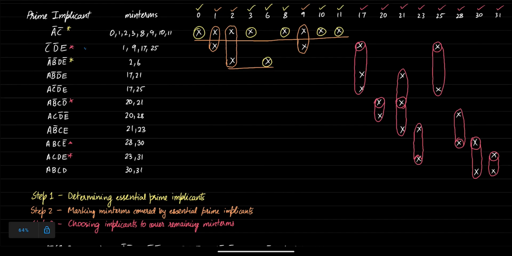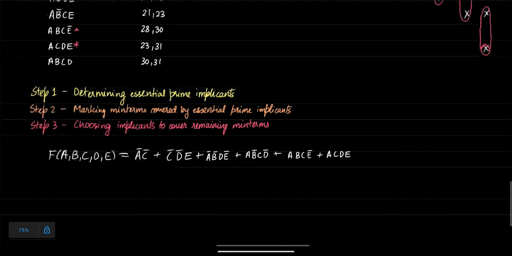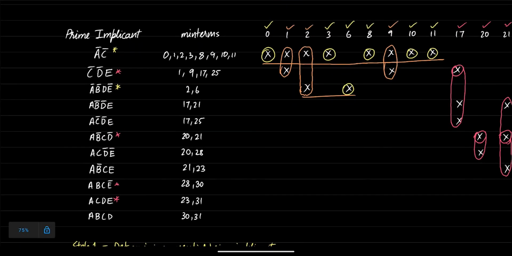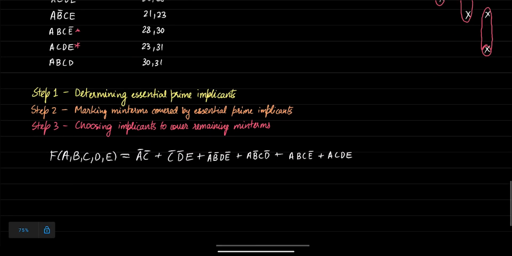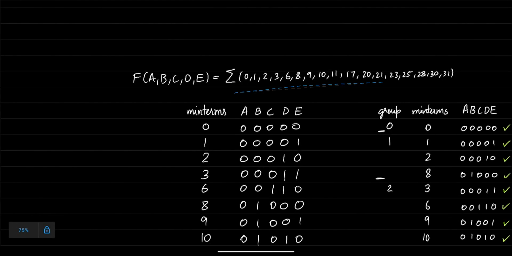And in this case, we end up finding that C bar D bar E, and then A B bar C D bar, A B C E bar, and A C D E are those remaining implicants. So after this, we write out the function by listing all the prime implicants that have an asterisk next to them. And sure enough, if we write out the truth table, we will find the minterms corresponding to the ones that have been given in the question.